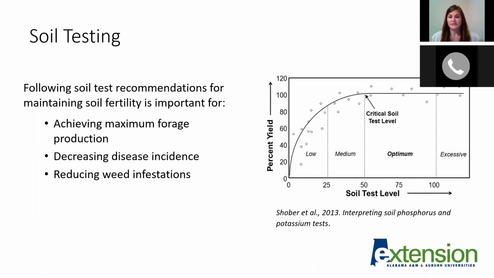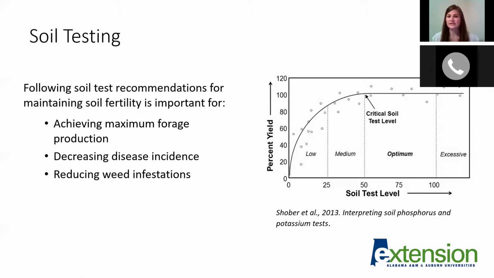So when you're sending your soil samples to a soil testing lab, like Auburn University Soil Testing Lab, you can be assured that the recommendations that we give at Auburn are based on research, which correlates the amount of yield increase that we see with increased levels of soil nutrients. For example, phosphorus. As those soil test levels increase, we see an increase in yield up to a certain point at which adding no more phosphorus will contribute to increased yield.